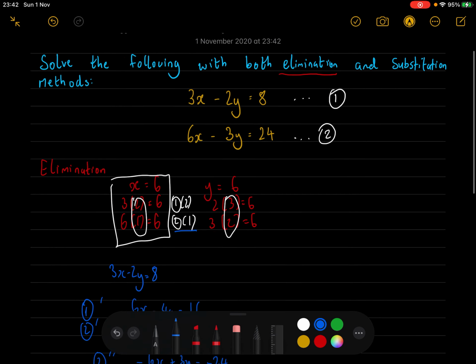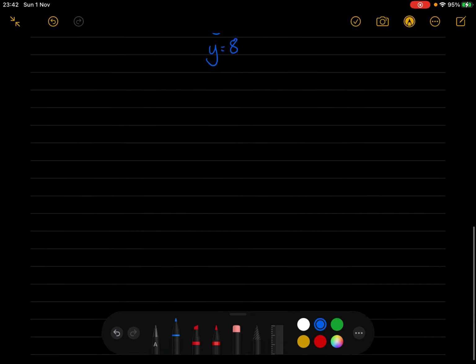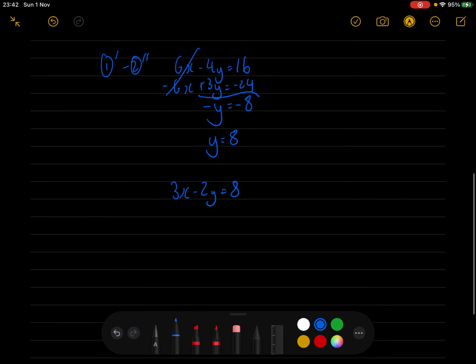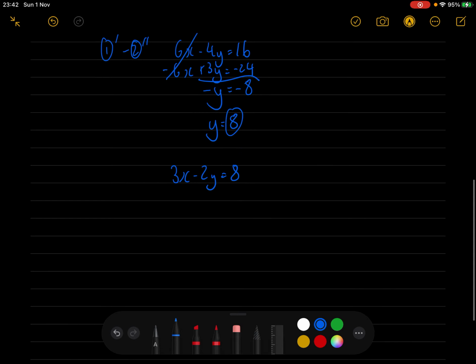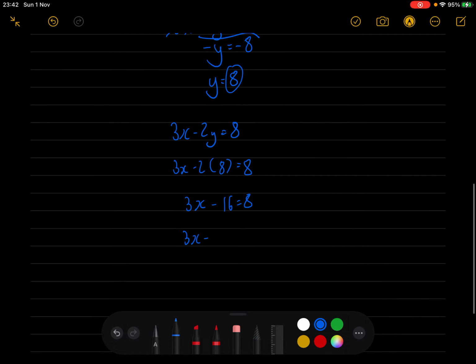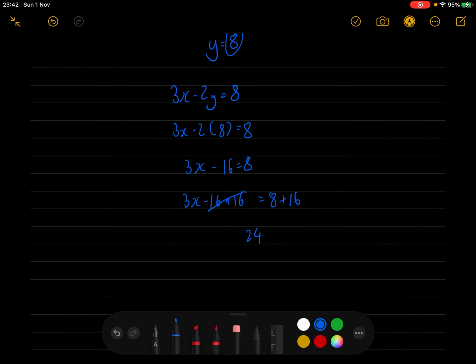Now what we are going to do is simply substitute it in equation 1, which is 3x minus 2y is equal to 8. Because y is 8, that means 3x minus 2 times 8 is equal to 8. 2 times 8 is equal to 16. Now we'll simply add 16 to both sides of the equation. 8 plus 16 is 24, and that's equal to 3x.